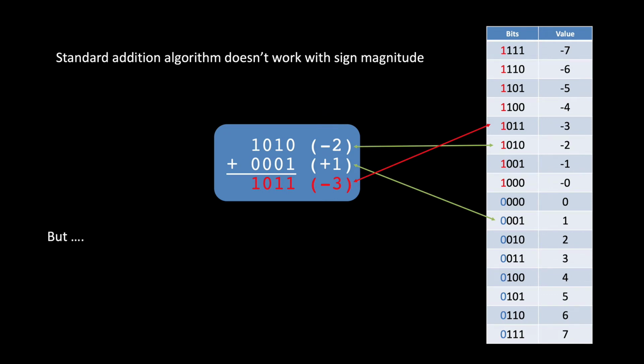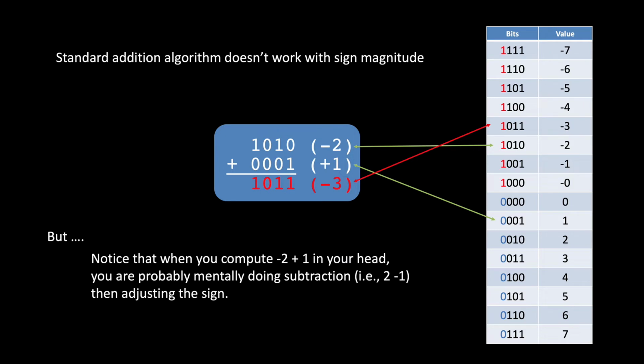This may sound new, but you've seen this failure before. Notice that when computing negative 2 plus 1 in your head, many of you are mentally doing subtraction. I obviously can't speak for you personally, but when I do this, I mentally compute 2 minus 1 equals 1, and then place the negative sign where it goes.